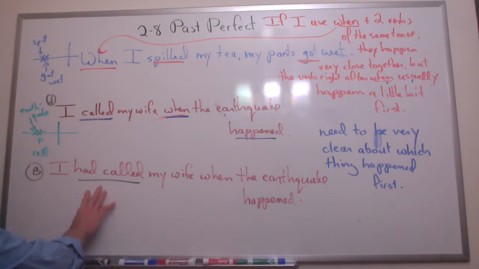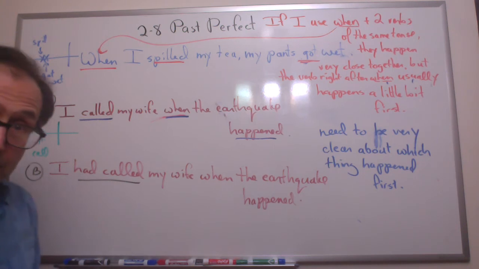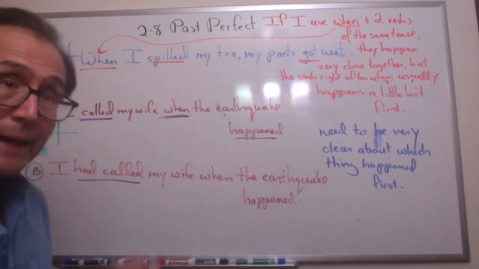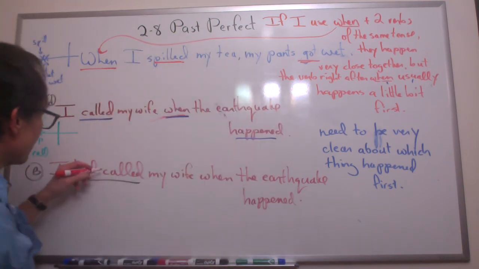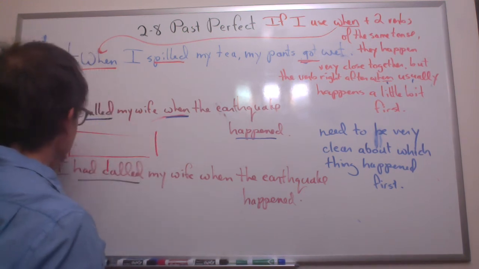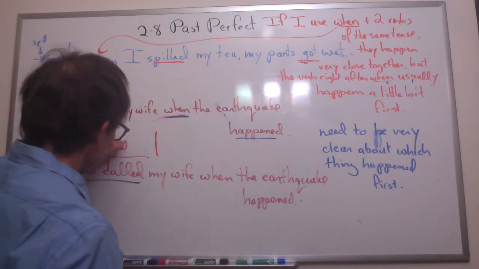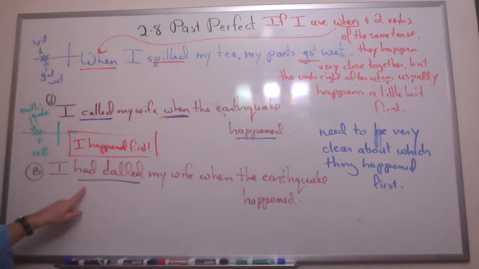Let's look at this. I had called my wife when the earthquake happened. I look at this sentence and I say, oh, I remember something about past perfect. It's not on the board now because it was erased, but past perfect is like a sign on the verb, and that sign says, I happened first. So which one happened first here?